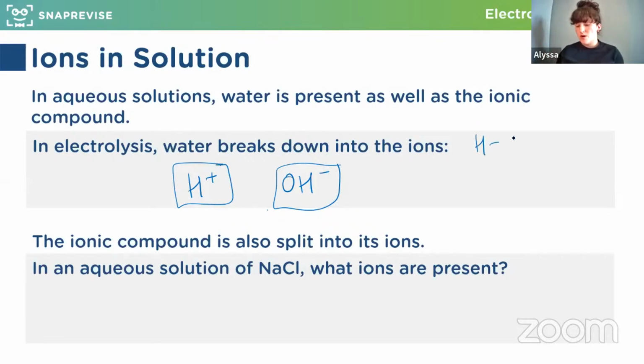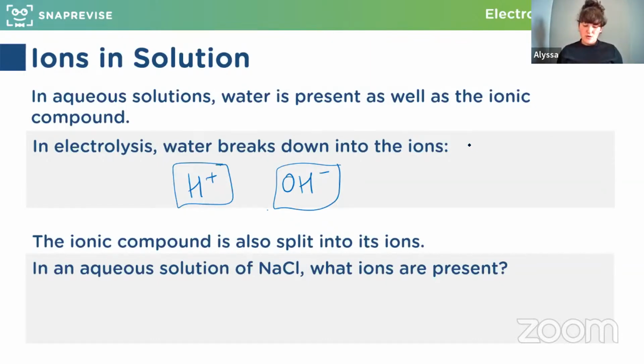If you think, we've got H2O, water, which is one oxygen bonded to 2 hydrogens. So what we actually do is break the compound in half. So we've got 1 H+ and 1 OH-. Okay, so just remember that it's not an O-. It doesn't break down into O2-. It breaks down into H+ and an OH-.